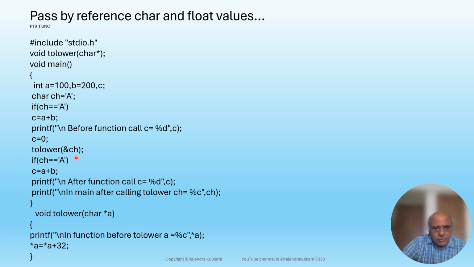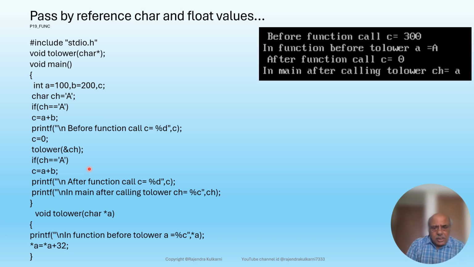After the toLower function, what are the outputs? Before function call, c is equal to 300 because 100 plus 200. After function call, c is equal to 0. Why?